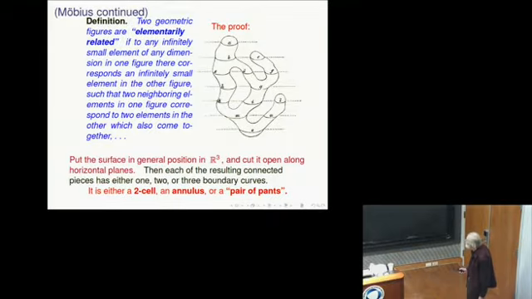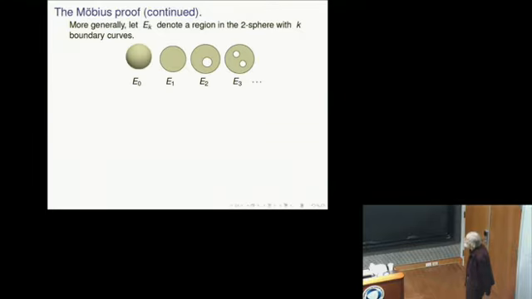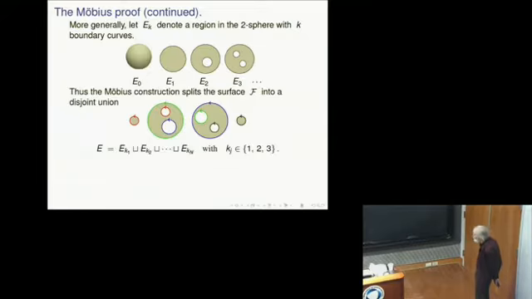So it's convenient for the proof to introduce more generally a notation for a subset of the sphere with connected region with any number of boundary curves, or EK, where K is the number of boundary curves. And what the preceding construction did was to cut the surface up into a disjoint union of copies of either E1, E2, or E3.